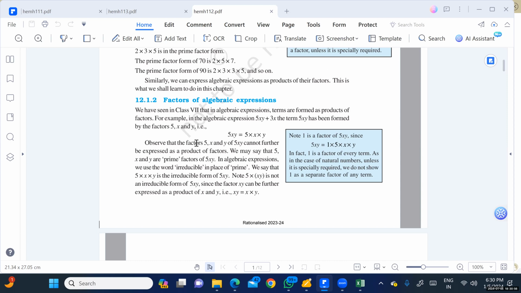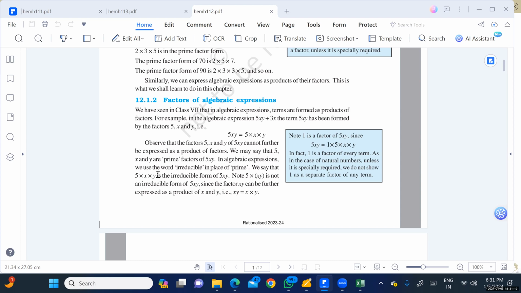I'm saying in an algebraic expression, we say 5, x and y, this is an irreducible form. In natural numbers, we say these are the prime factors. Here we say irreducible form.